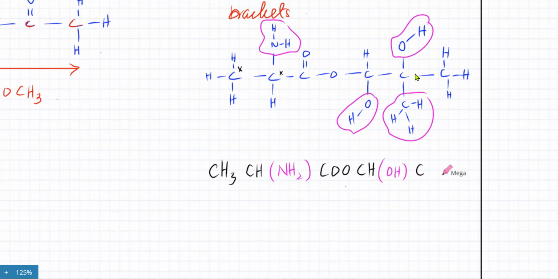It has an OH branch to the top and a CH3 branch at the bottom. So you put OH in brackets, and at the bottom you put CH3 in brackets as well, and finally, right at the end, you've got another C with three H's.